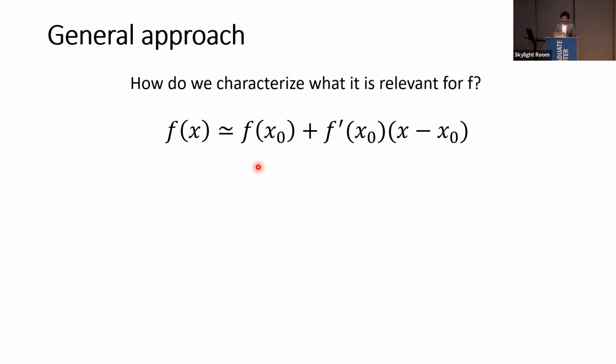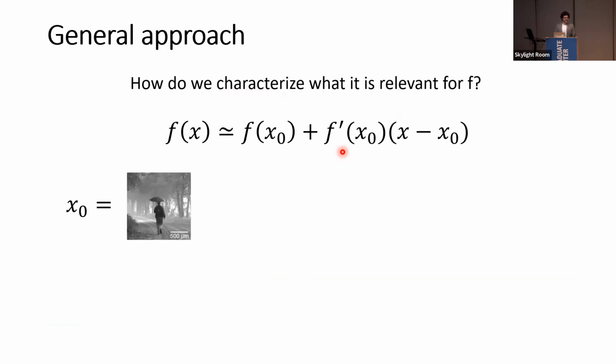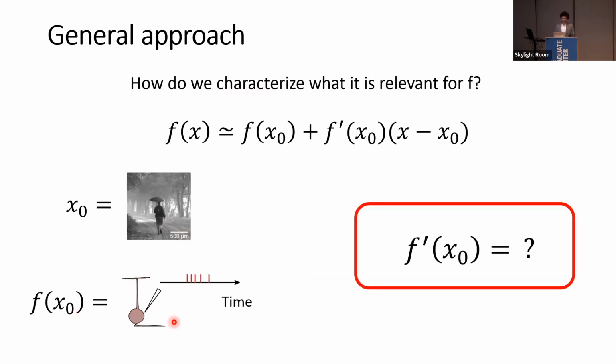So we want to characterize the function f like this, but as much as we know what x0 is, which is a particular natural image, and what f of x0 is, which is the response of the sensory neuron to this image, we don't know what f prime of x0 is and how to measure it.